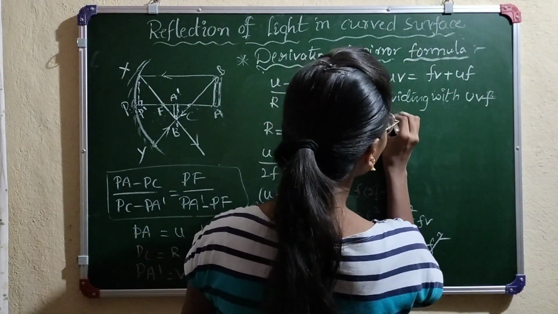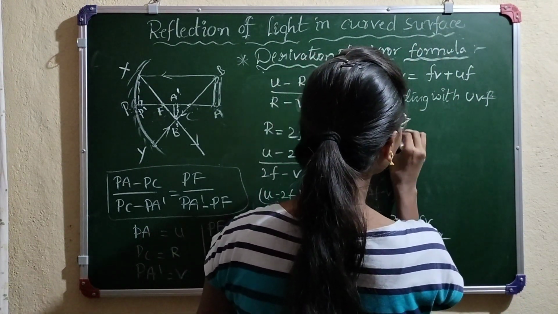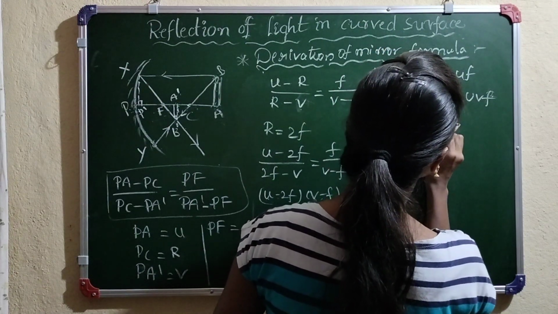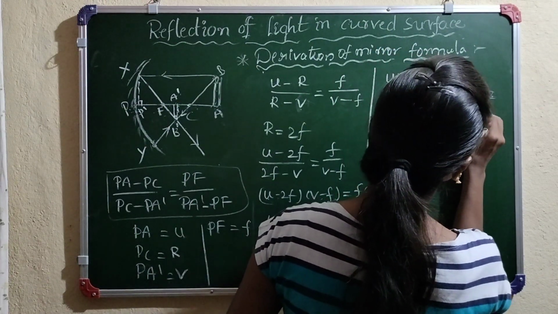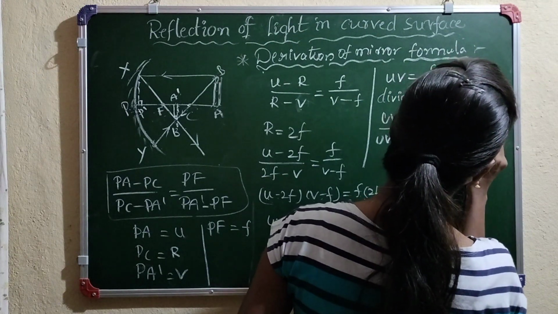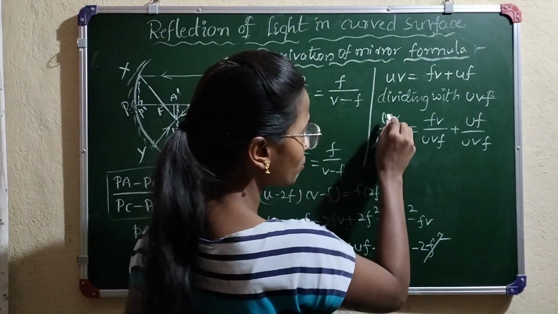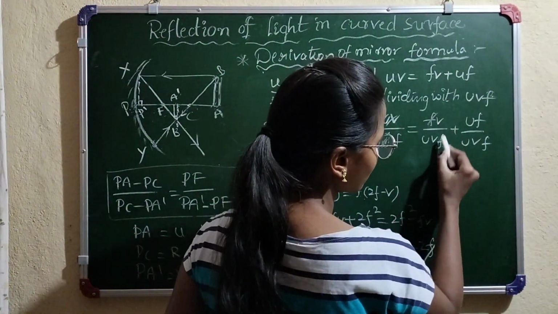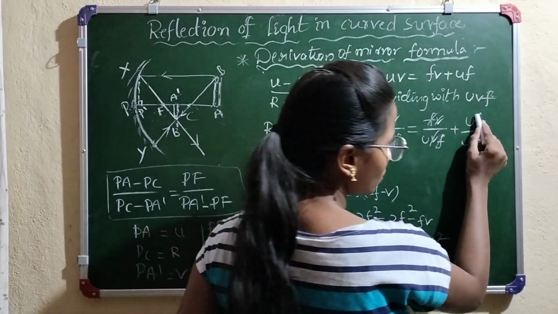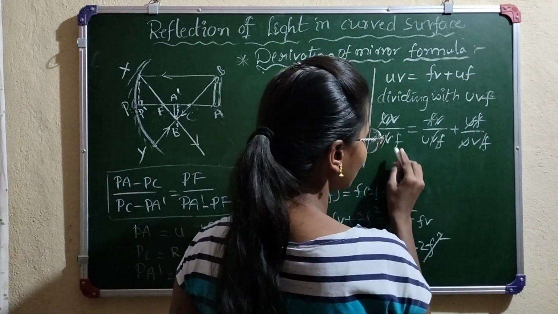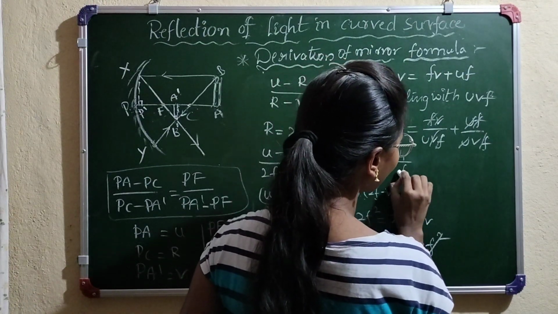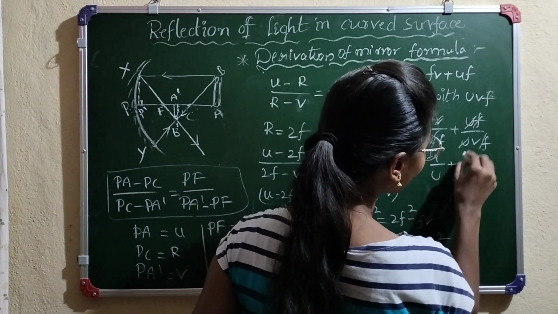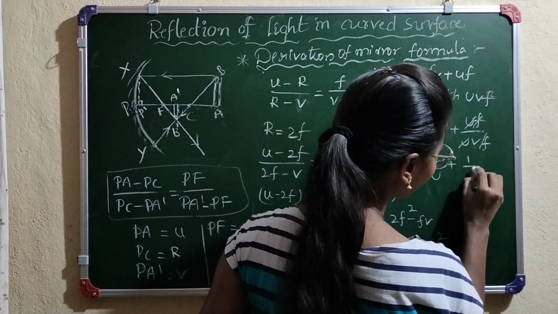So now UV by UVF is equal to FV by UVF plus UF by UVF. UV cancels, FV cancels, F cancels. Whatever is left is here 1 by F is equal to 1 by U, and here 1 by V is left.